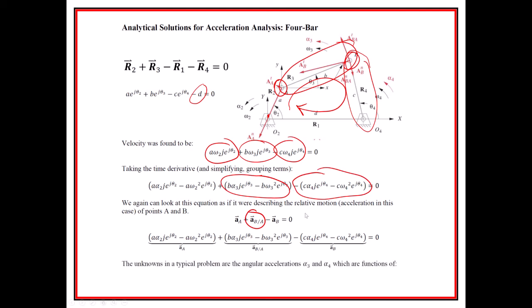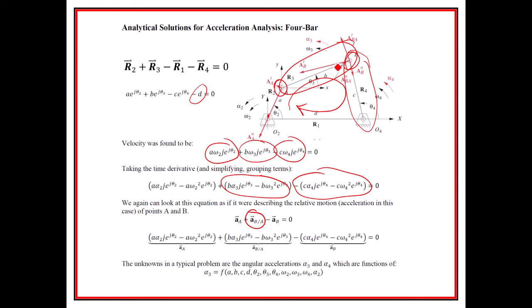And the unknowns that are inside this when we go through a typical problem are going to be the angular accelerations. So we have a function of that angular acceleration of 3, right?